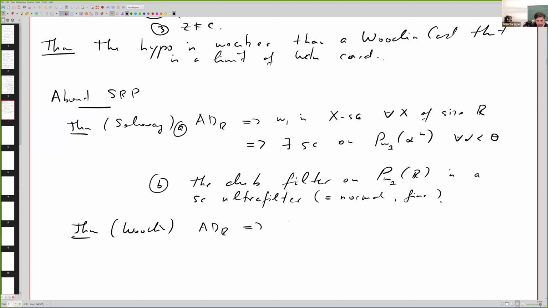So the omega 1 supercompactness measure on P_omega1(X) is unique. Maybe I'm missing DC here, so can I just add DC?